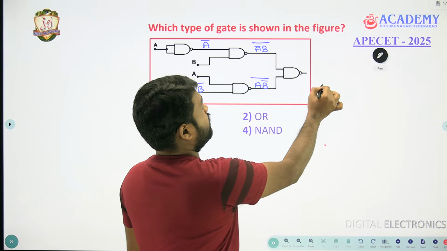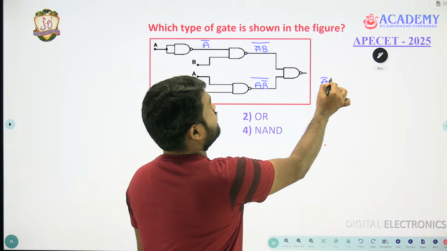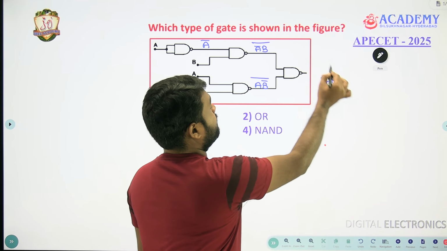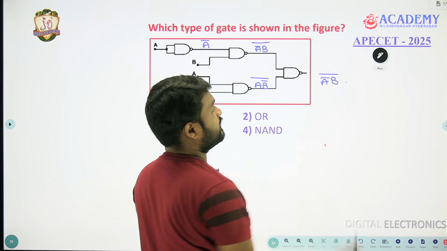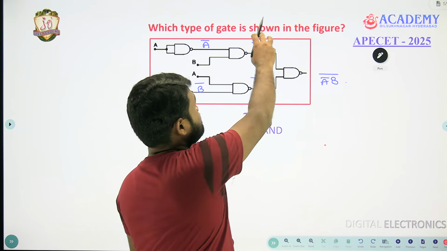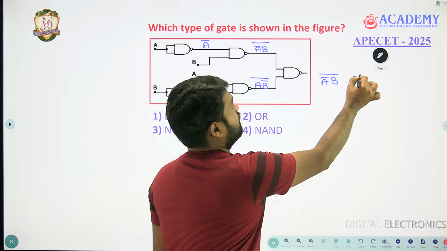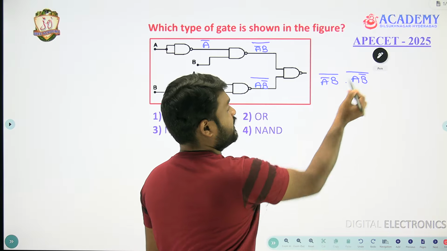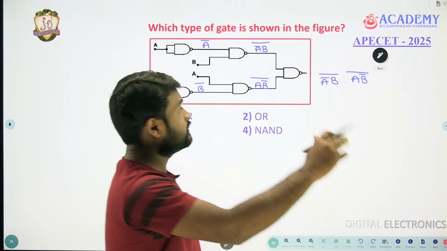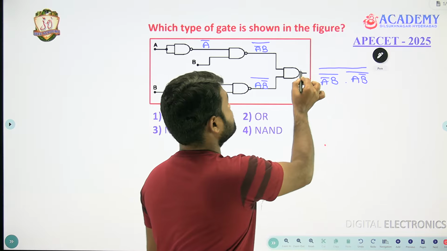X is this, which is A bar B bar, that is quantity X, and quantity Y is A B bar whole bar. This is X dot Y, resembling X dot Y whole bar, because this bubble is there.